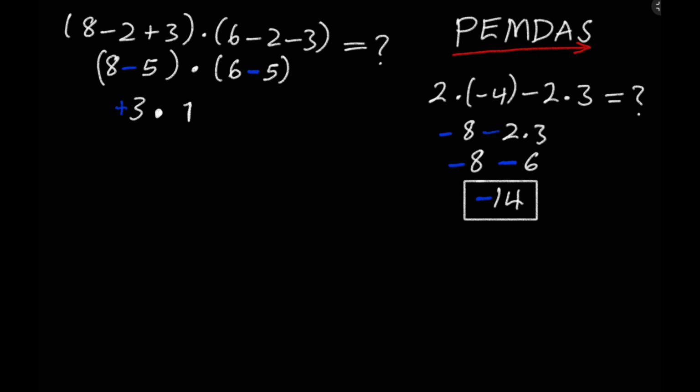You can write the positive sign here, positive 1. And then positive 3, let me put them in brackets. Positive 3 multiplied by positive 1 is 3. And the sign is positive because we have the same signs. Positive multiplied by a positive is positive. And this is the final answer to this question.